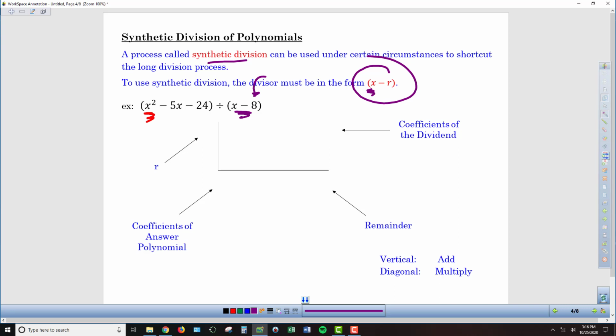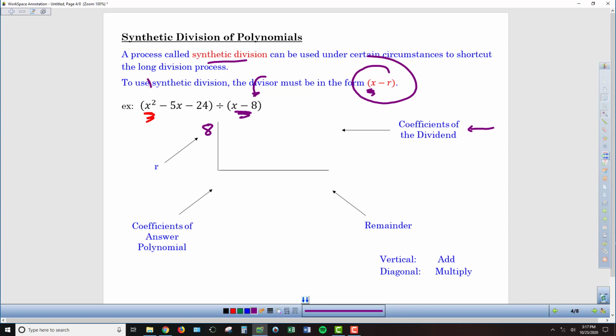For this synthetic division process, we use an upside down box like the one in front of us. The r, that divisor, is going to go on the outside of that box right here. Then inside of the box, across the top, we're going to put the coefficients of the polynomial we're dividing into, going from the highest down to the lowest.